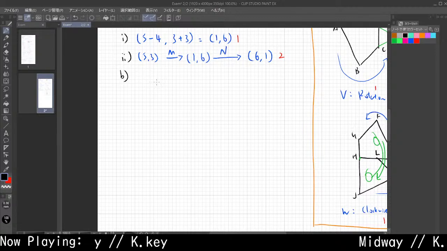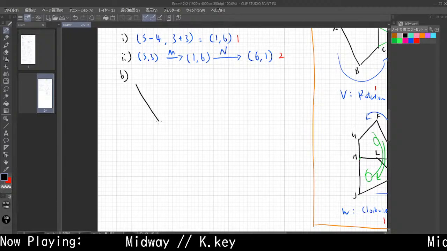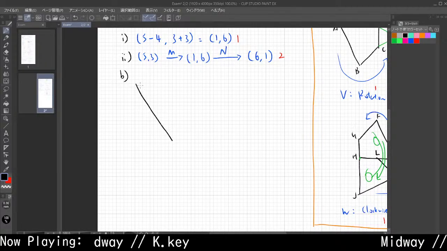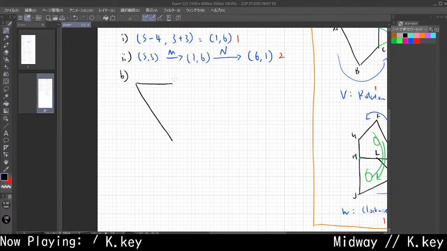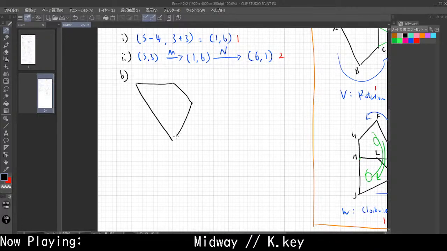how do I draw this? 2, 3, 4, 6. I'm doing this at half scale because it lets me have more space.